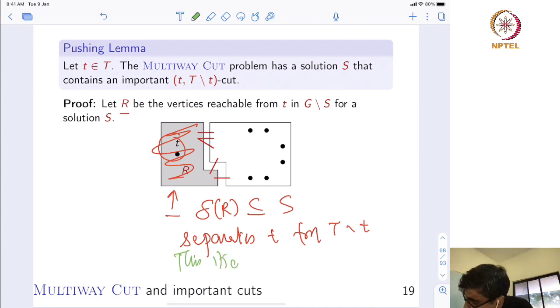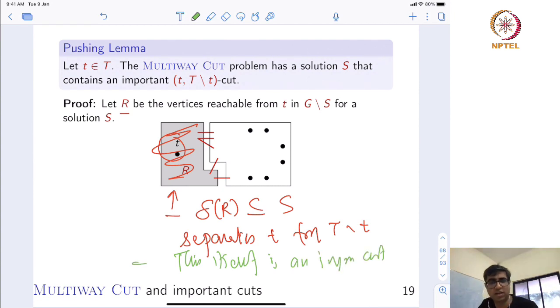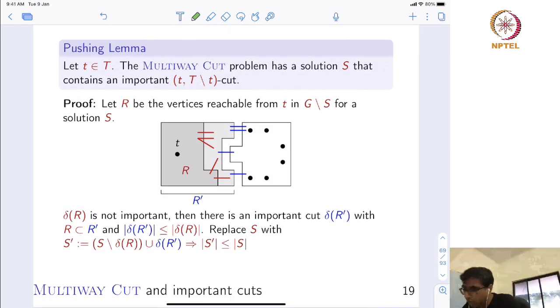If this itself is an important cut, then we are done. S is that particular solution which has this property. Otherwise, if delta R is not an important cut, then there exists some R prime. So look at this blue.